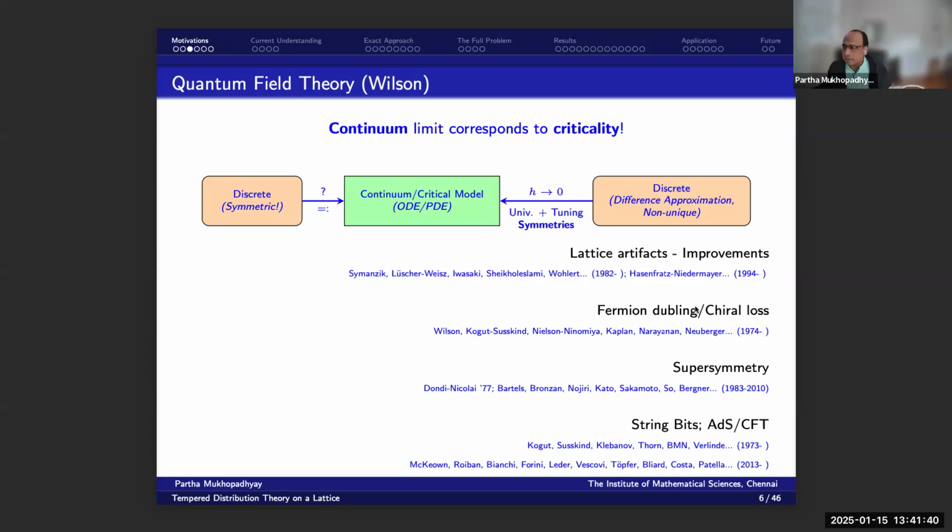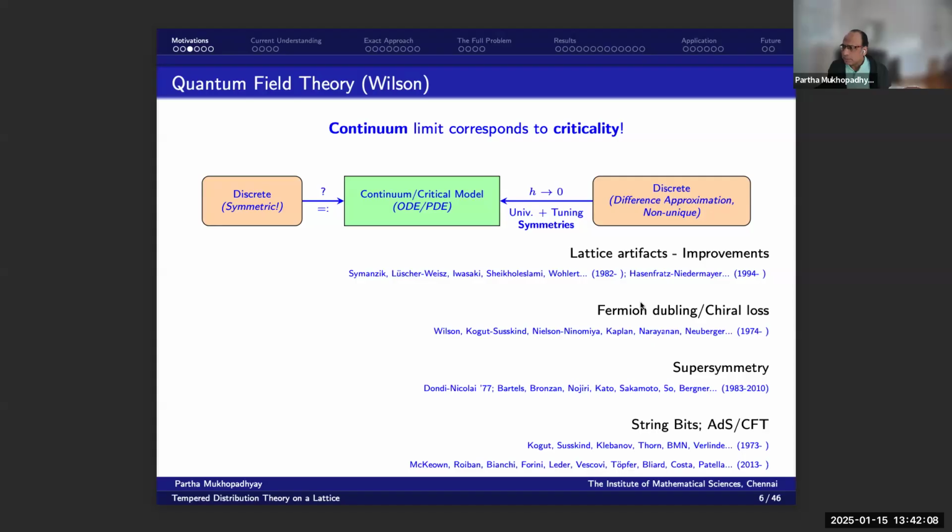That is not very clear, and therefore it requires improvements, and those have been studied. When we write down the macroscopic theory on the lattice, there are fermion doubling problems and loss of chirality. These are just mathematical theorems that a naive lattice spacing going to zero limit is not going to give you the continuum model, unlike in the classical equation and in the differential equation case that I mentioned in the previous slide.